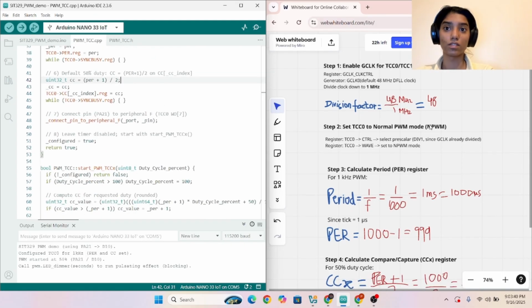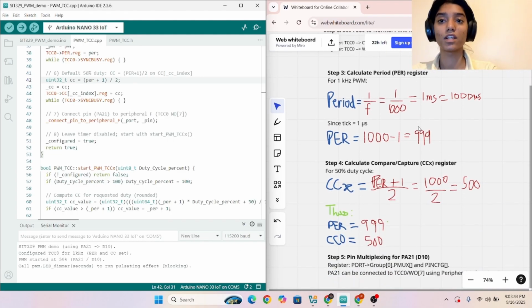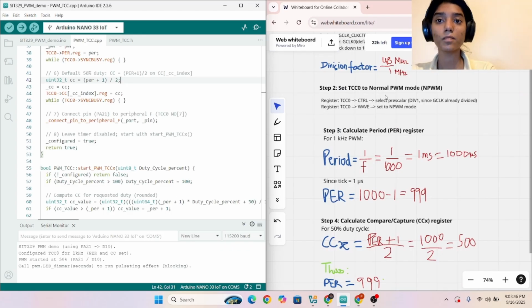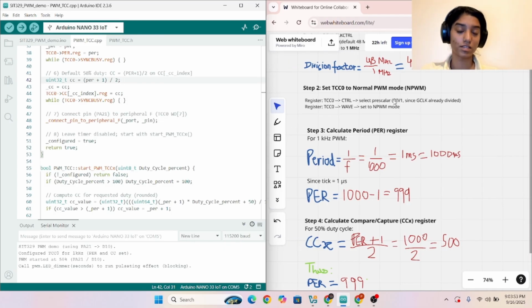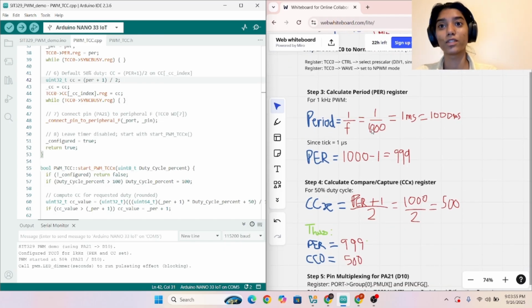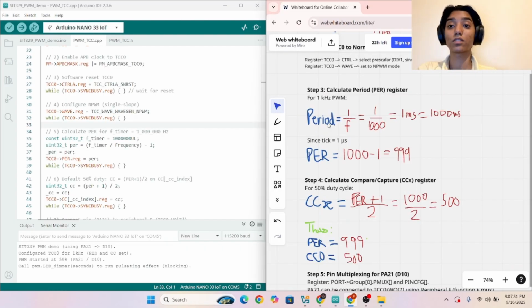Let's look into the calculation. Here we get the 48 as I explained. Then I'm setting up the prescaler, which would be 1 because it's already divided by the general clock we are dealing with. Then let's look into the period.